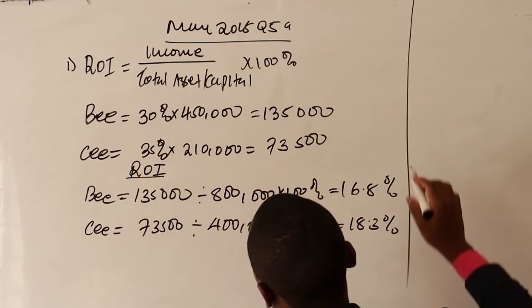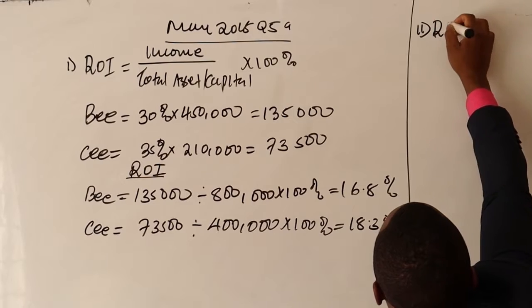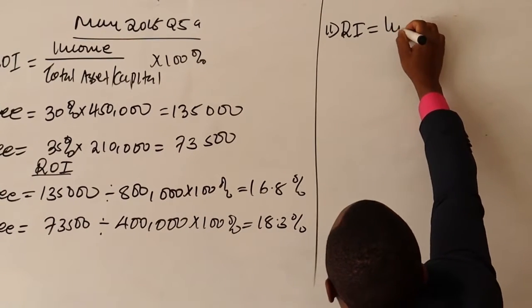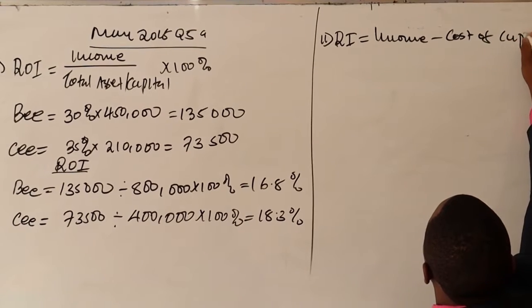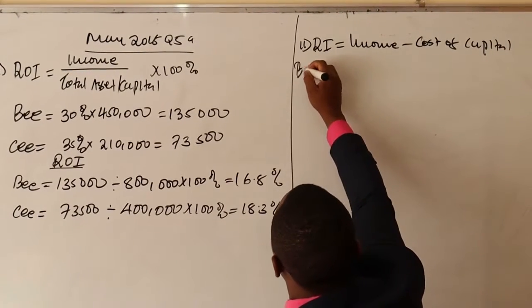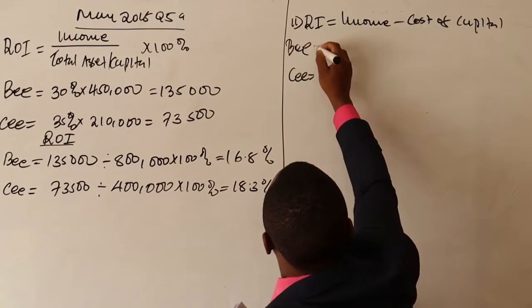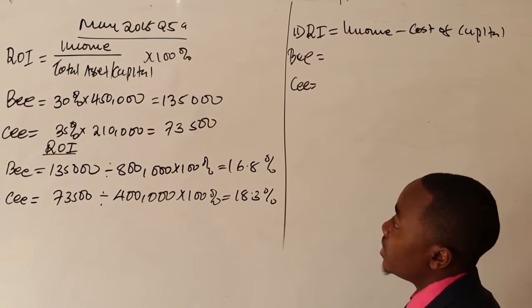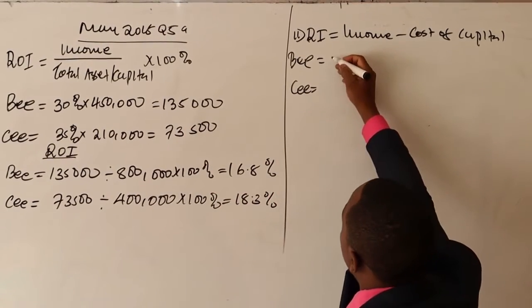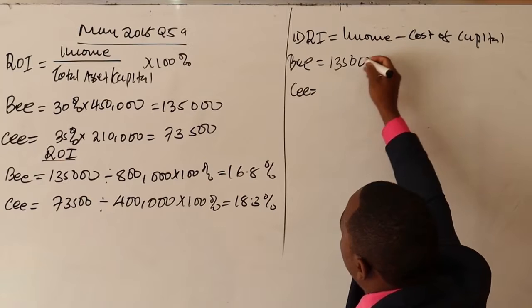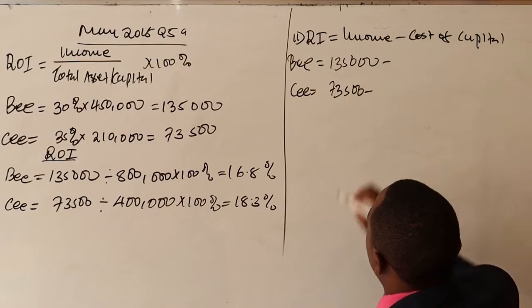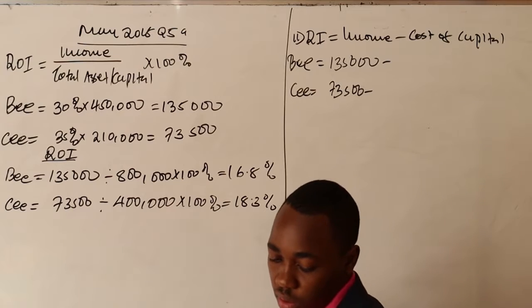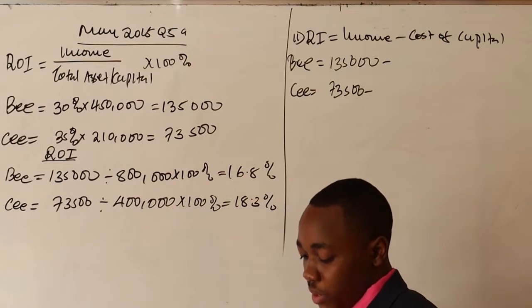Then, number 2, we are supposed to get residual income. How do we get the residual income? You take the income and minus the cost of capital. So we have B and C. The income we have already computed: for B it is 135,000, and for C it's 73,500. Then you minus the cost of capital. How much was the cost of capital?